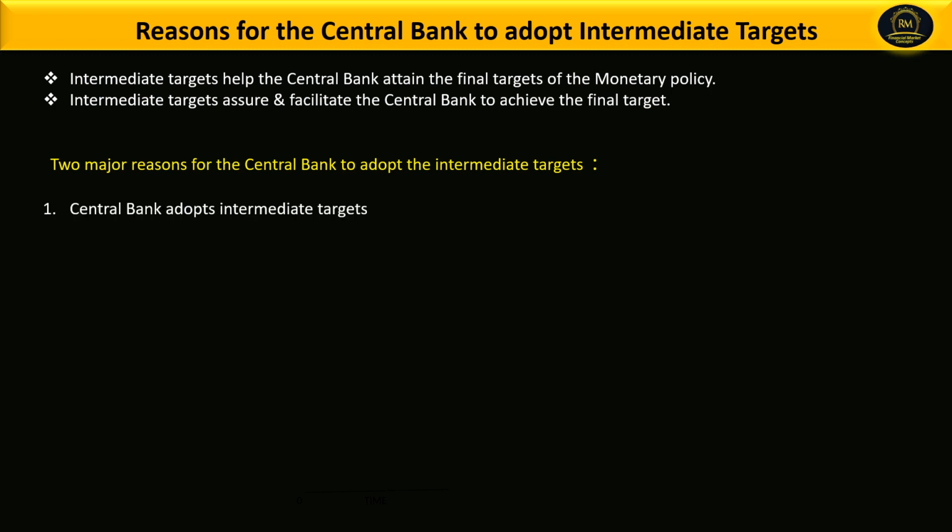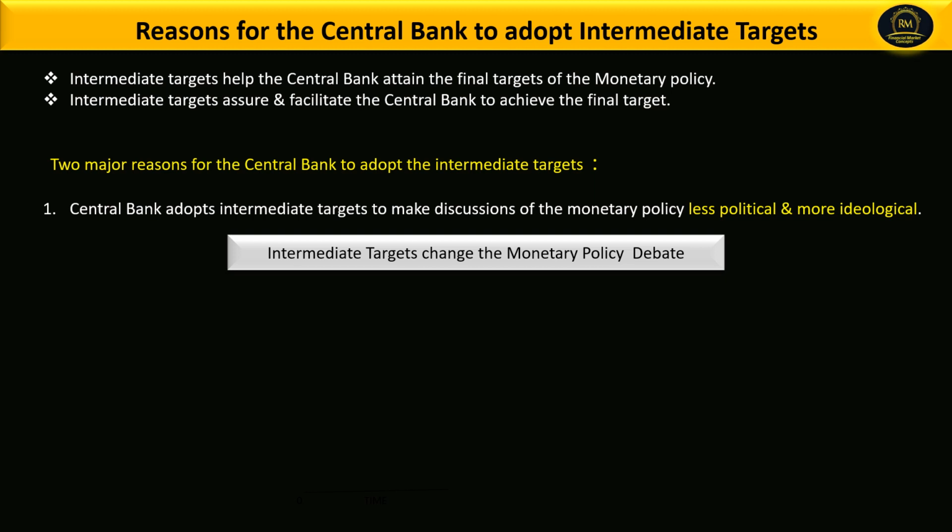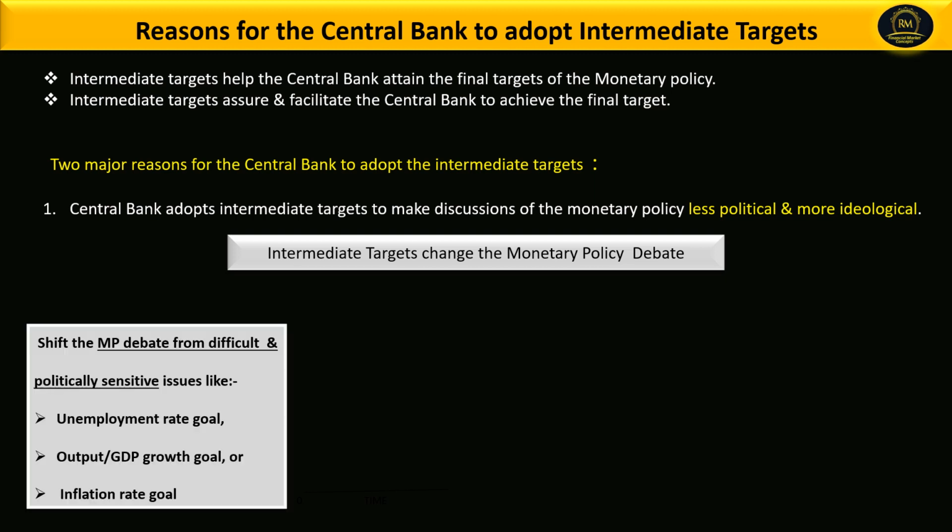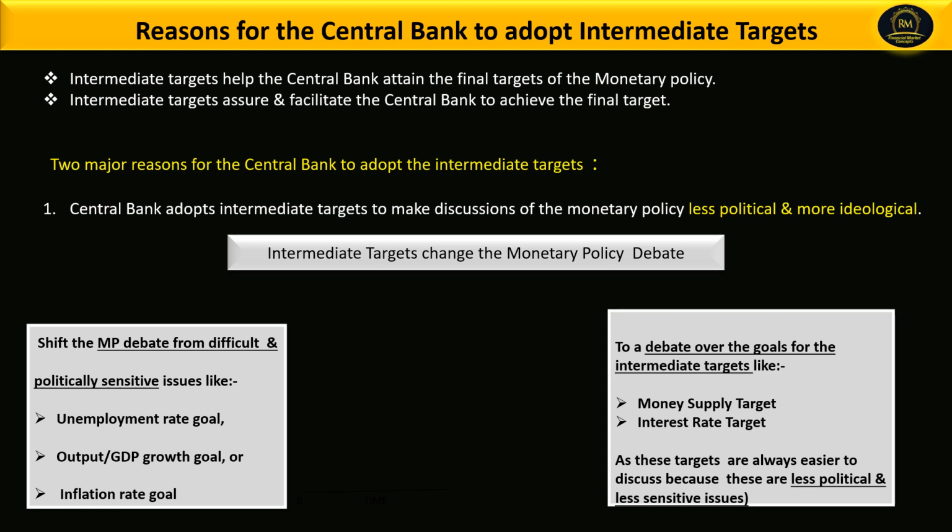Reason number one, the central bank adopts an intermediate target to make the discussion of monetary policy less political and more ideological, because the intermediate target changes the monetary policy debate, that is, debate over difficult and politically sensitive issues like unemployment, GDP growth, inflation, to the debate over the goals for the intermediate target, that is, the money stock target or money supply target, or the interest rate target, as these targets are considered less politically sensitive.